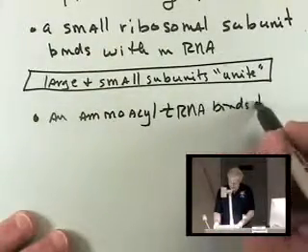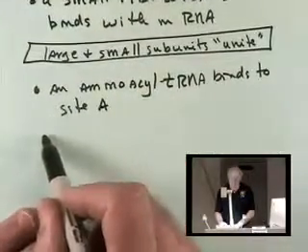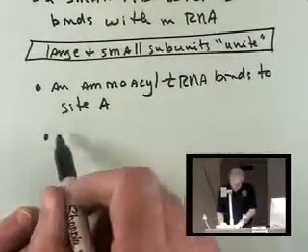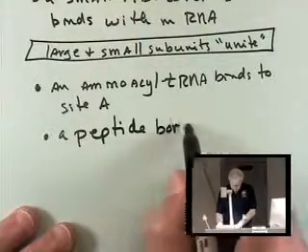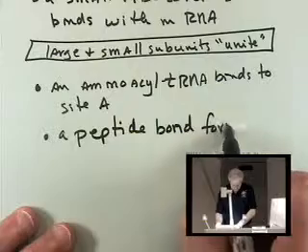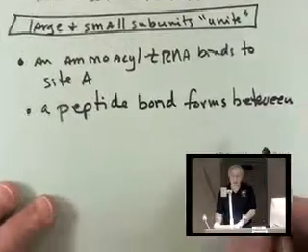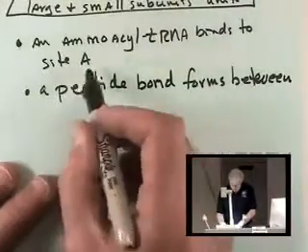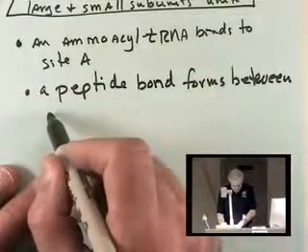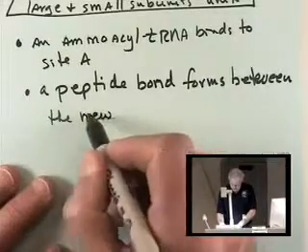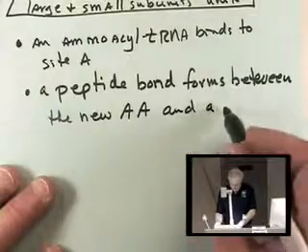Binds to site A. A peptide bond is going to be formed between its amino acid, so this new aminoacyl tRNA that just came in, we'll call it the new one, between the new amino acid and a polypeptide chain.